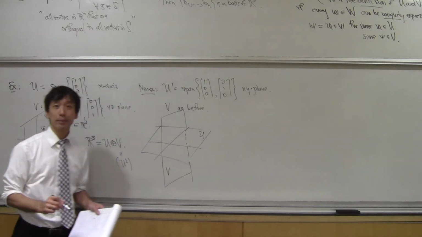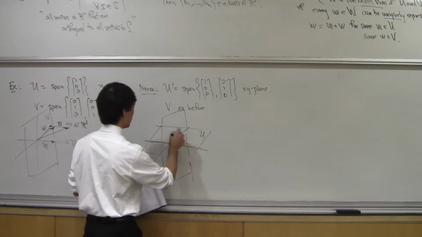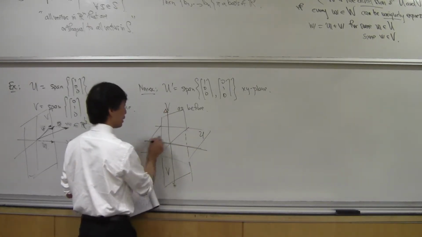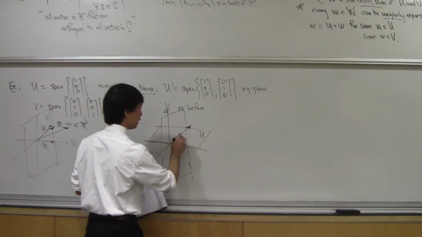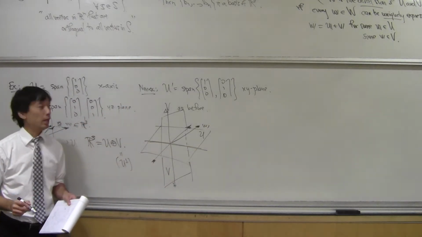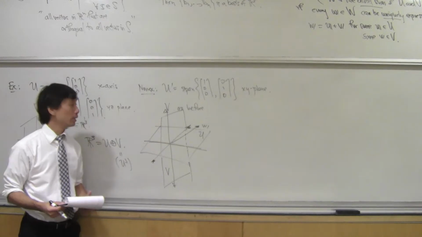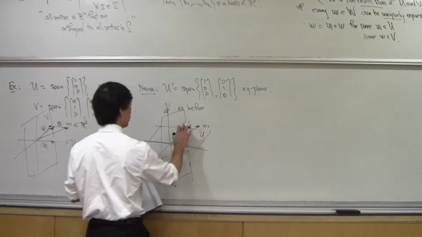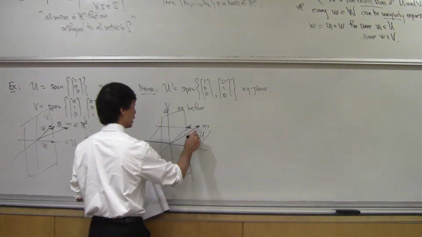Now you see that if I take that same W, I have multiple ways of breaking it up into something in U and something in V. I have the way that I had before, I can break it up U, V, like that, but I can also project this way, say.